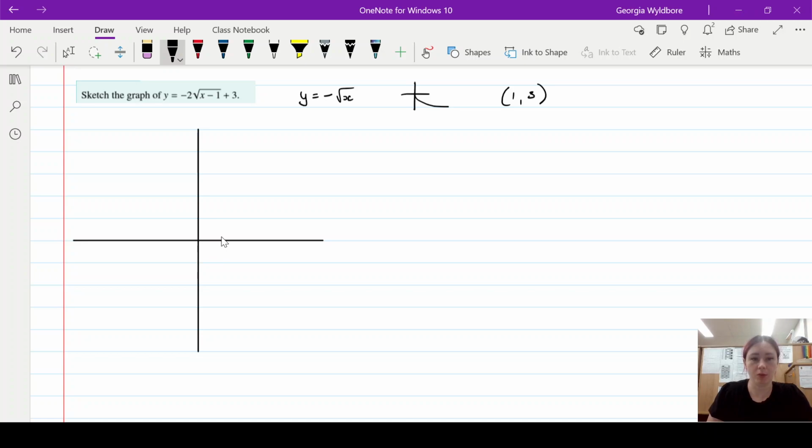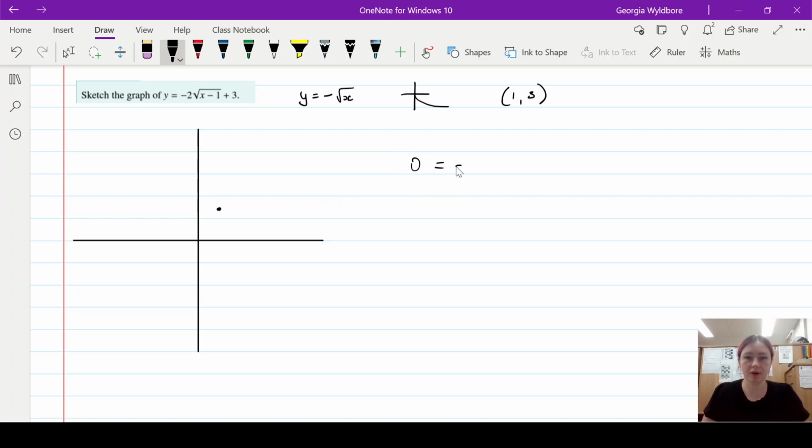So on here, we'd go across 1 and then up 3. It's about there. And we know it's going to be going down this way. So we don't need to bother looking for a y-intercept, because it's not actually going to cross the y-axis at any point. We could work out our implied domain, but we've really already done that with our endpoint here. So we just need the x-intercept.